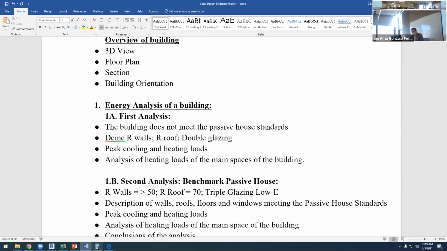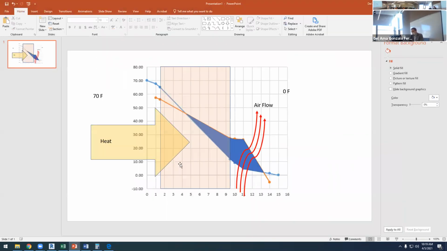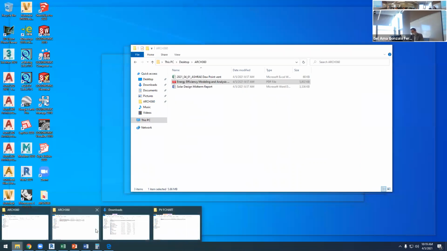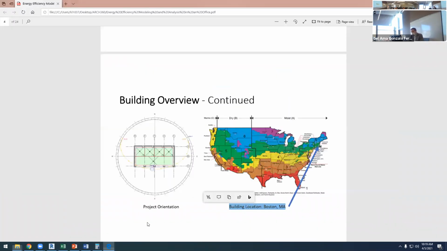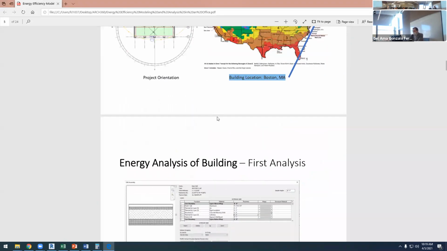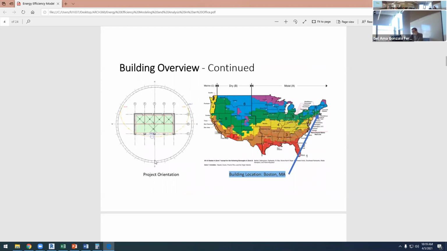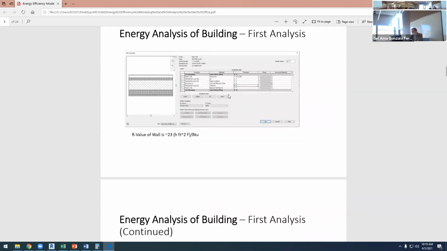Okay, so if it's in Boston, let me know at the beginning. And we have the orientation and location. So both things are important.